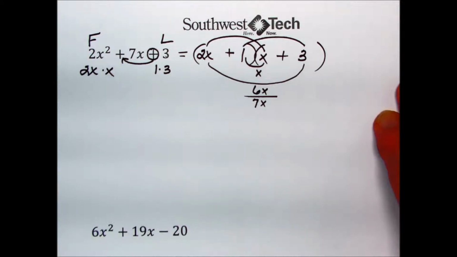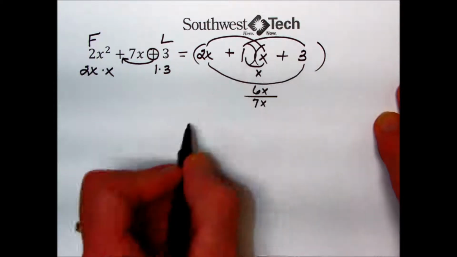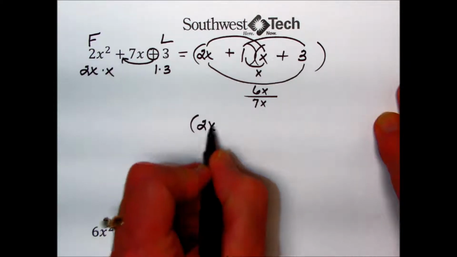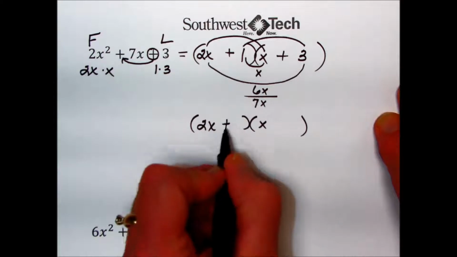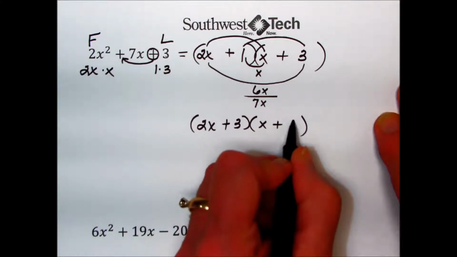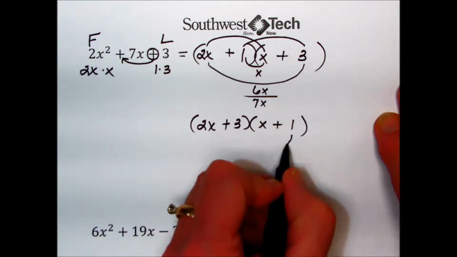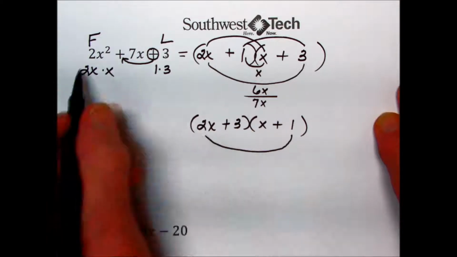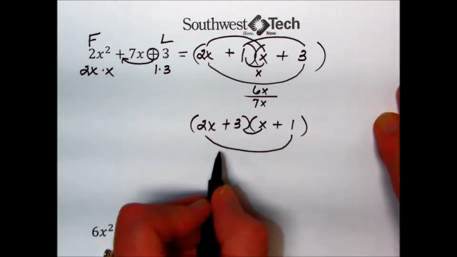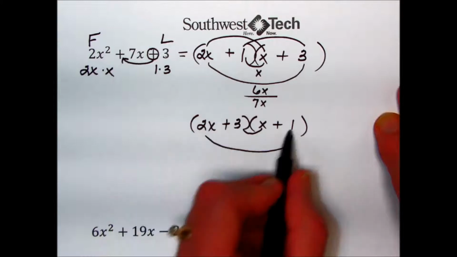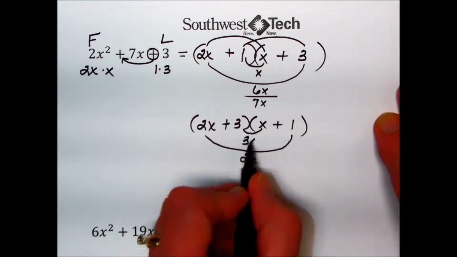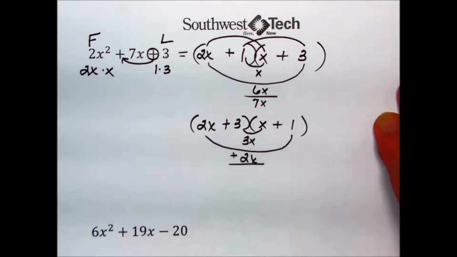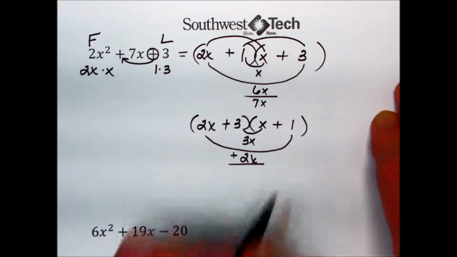Had this not worked, we could have switched around the order. And just to show you, I'm going to leave my 2x and x alone, but putting the 3 first and the 1 first, as you notice, it doesn't change the first and last in our trinomial, but our outside-inside is going to be different. 2x times 1 is 2x. 3 times x is 3x, and this would have given us a 5x middle term.